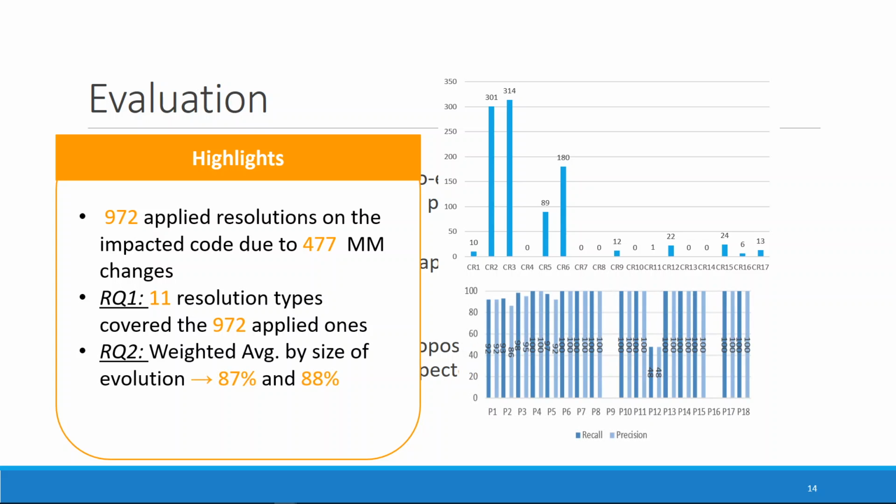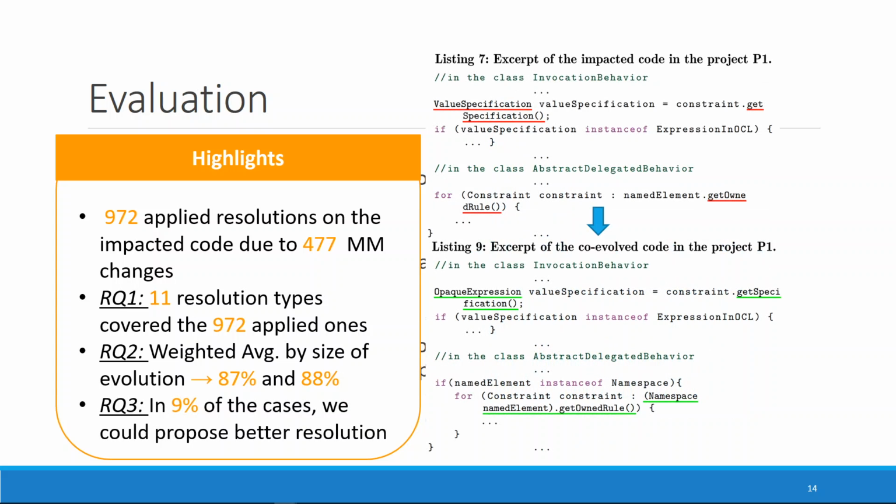We computed a weighted average of precision and recall because some projects were smaller compared to the other ones. We had 87 and 18.8 precision and recall for the coevolution that we were propagating. And finally, when we didn't propose the correct resolutions, there were 9% of the cases where we could still propose an appropriate resolution.